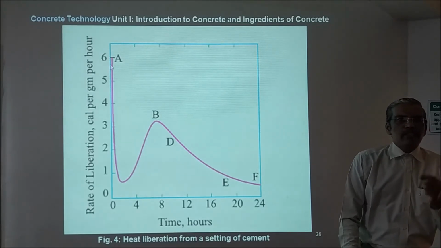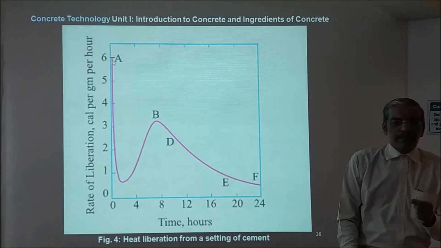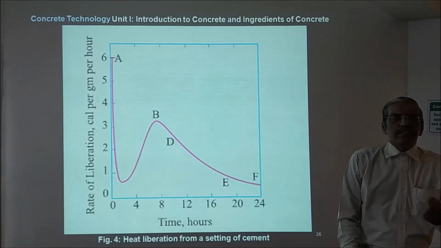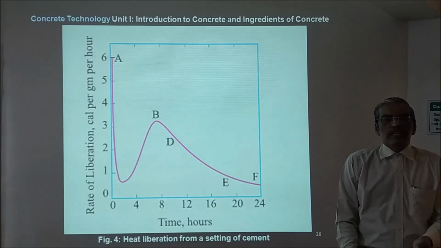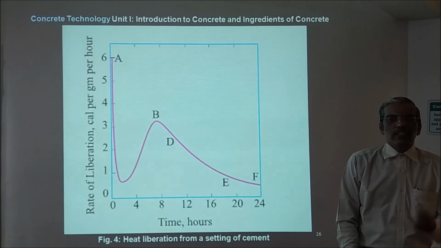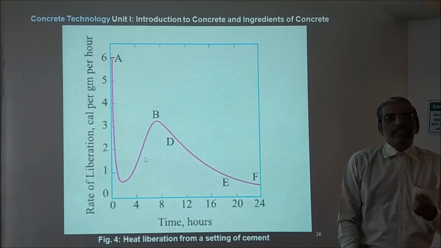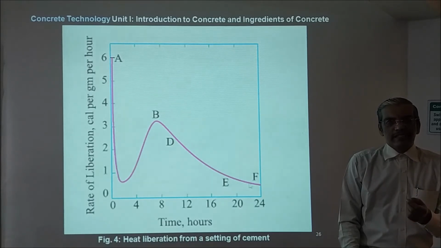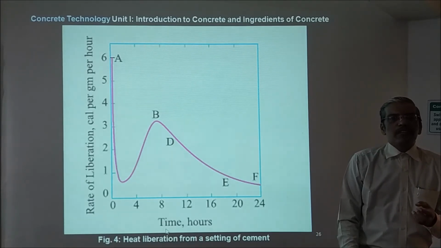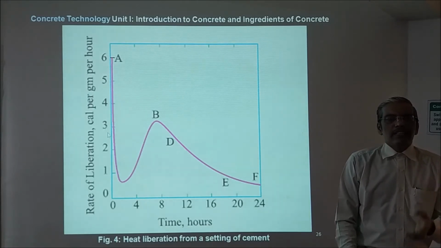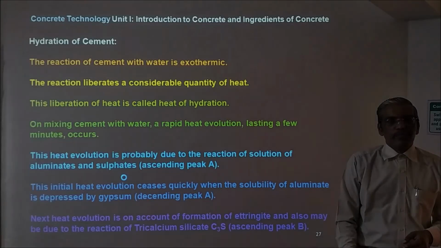So as soon as we add the water to the cement, the rate of liberation of heat is very high, and then gradually it starts decreasing, and again it increases, and gradually it decreases. So like this, the rate of liberation as per time is shown in this graph.